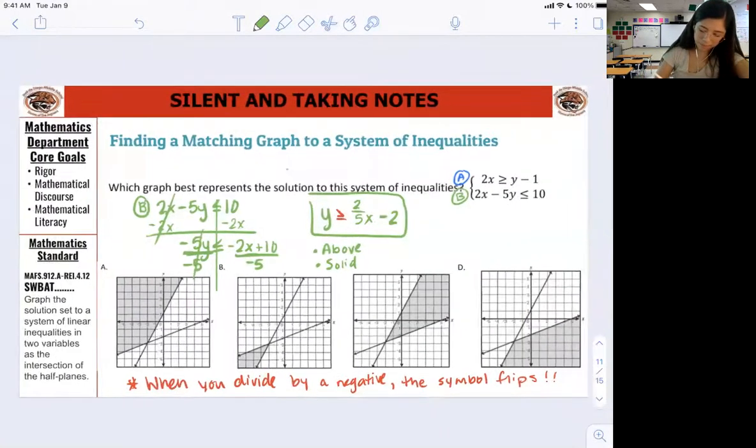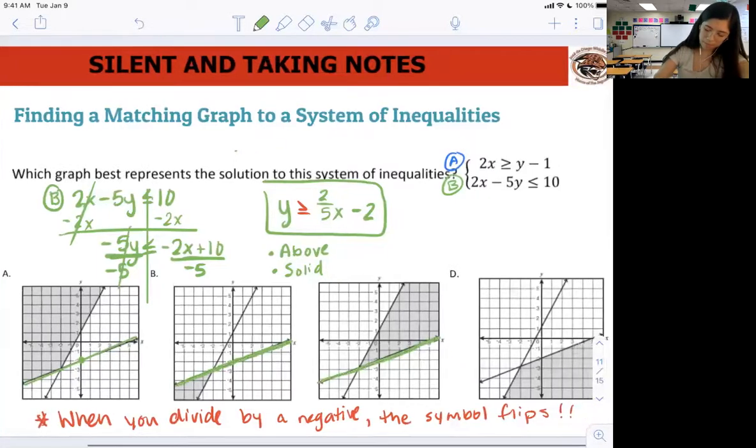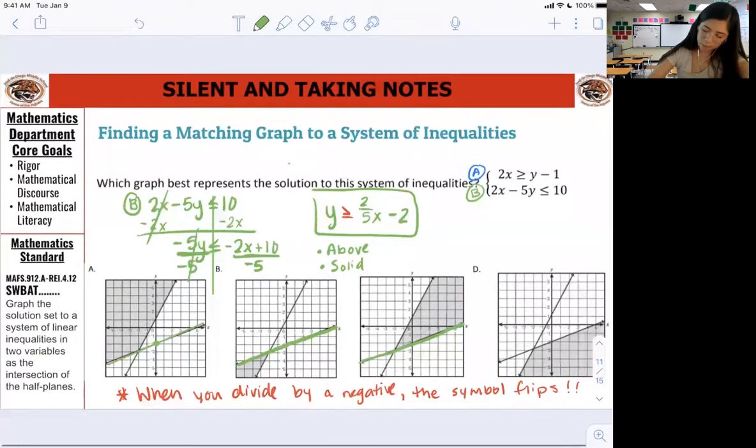So if the y-intercept is negative 2, I know that they're talking about this line right here. And actually, at this point, I think we can get our answer. We might be able to.